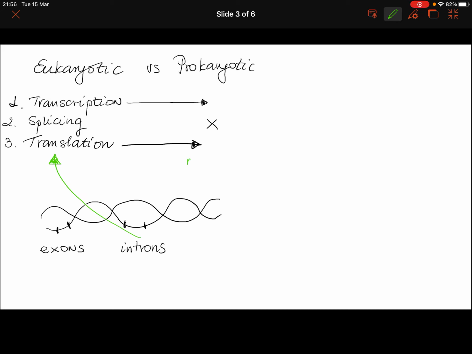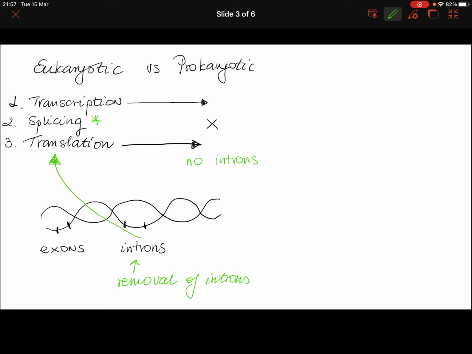However, we will not find them in prokaryotic cells. So as you can predict now, splicing is the removal of introns. Hence, in the eukaryotic cell, we will have the extra process called splicing, which is the removal of introns in pre-mRNA sequences that obviously do not code for the desired amino acid.